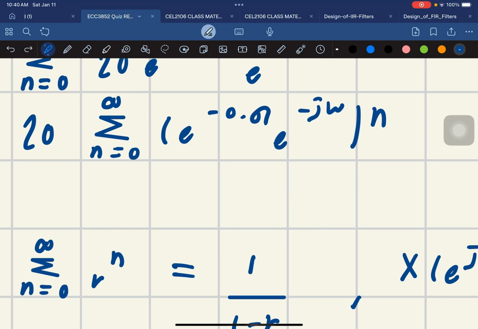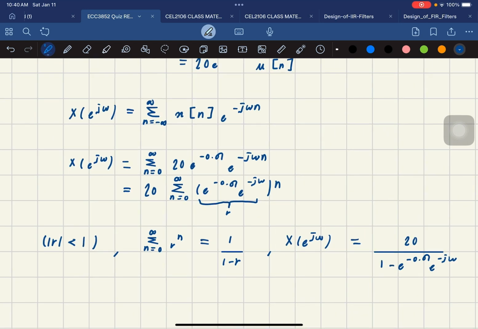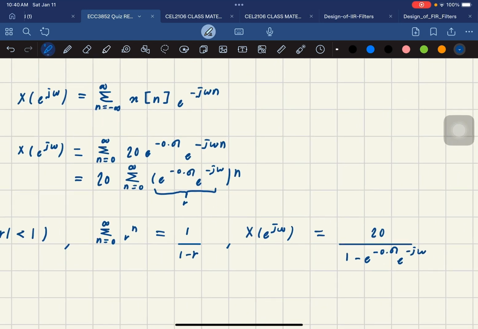Oh, I'm sorry, and this is the r, so we substitute in this.